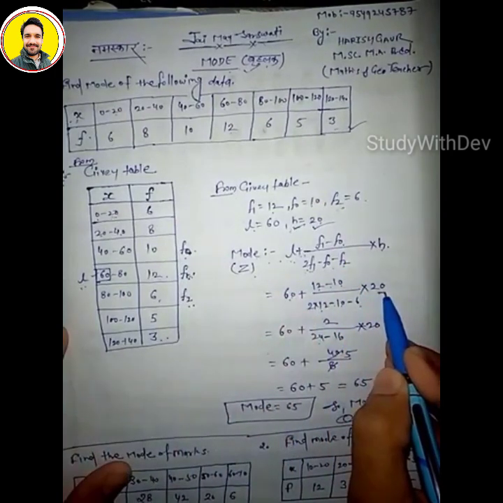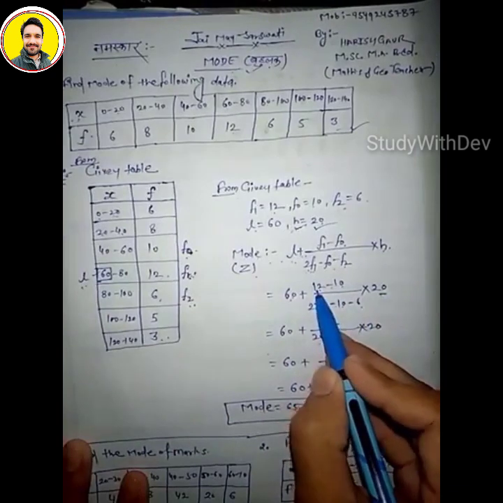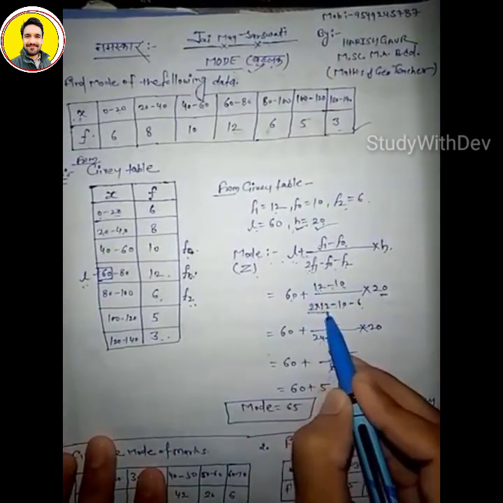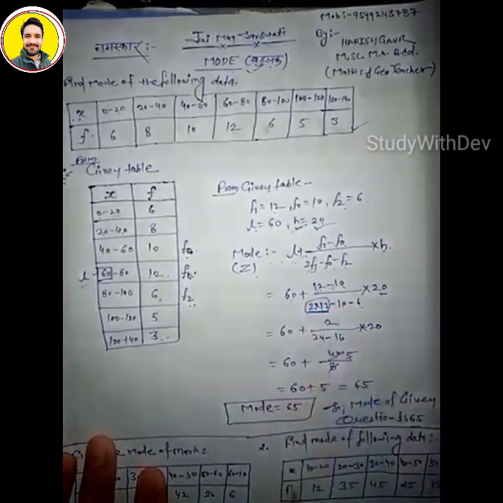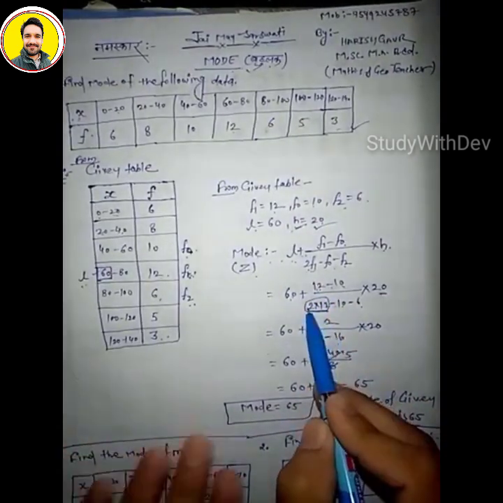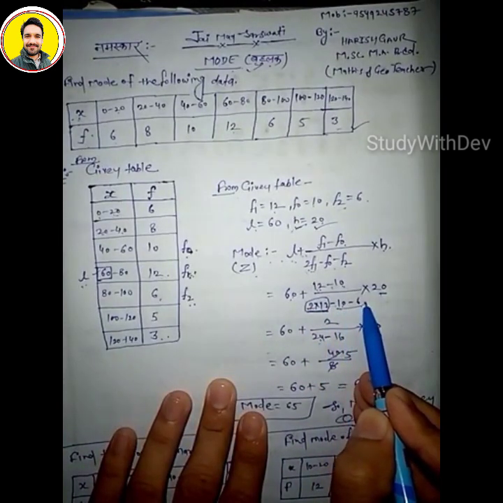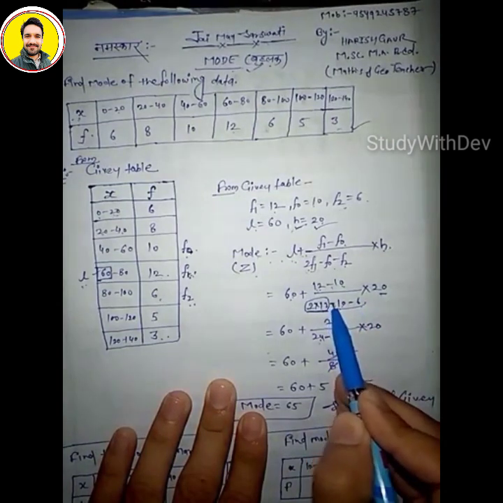Now firstly we solve 12 minus 10, 2. Now firstly you do the multiplication of this, 2 multiplied by 12 is 24. Here is minus, here is minus.